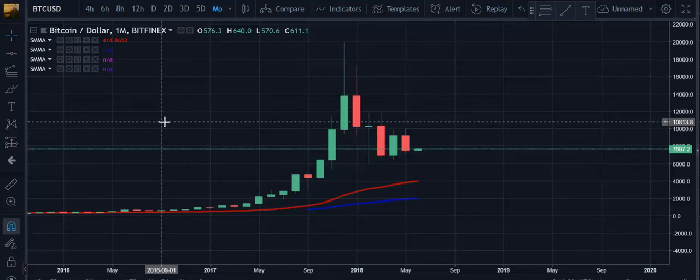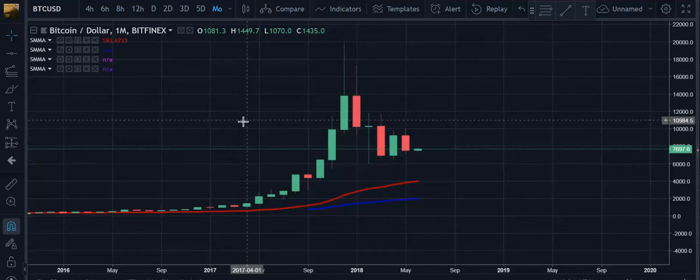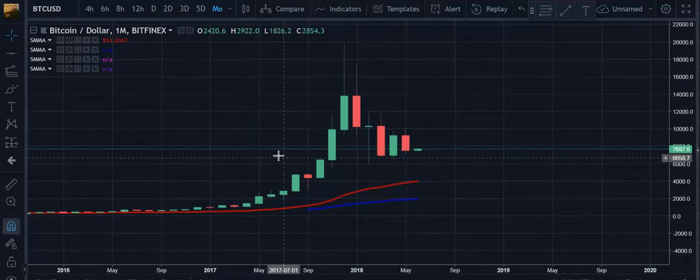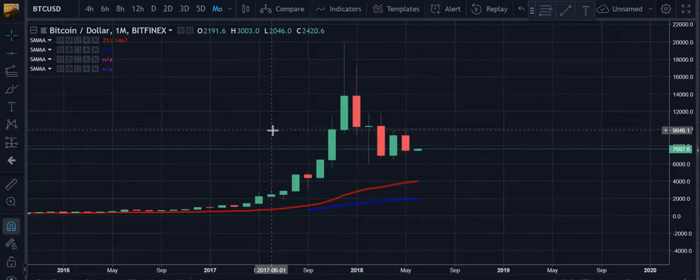So let's continue. By looking at the monthly chart, I try to find some horizontal lines that acted as a strong resistance and at the same time as a strong support before.